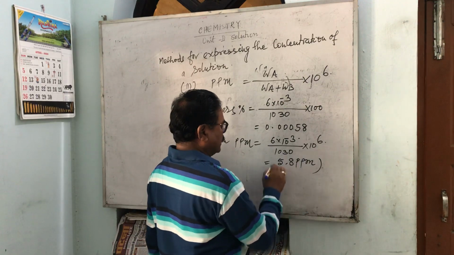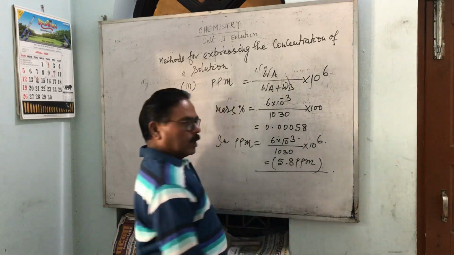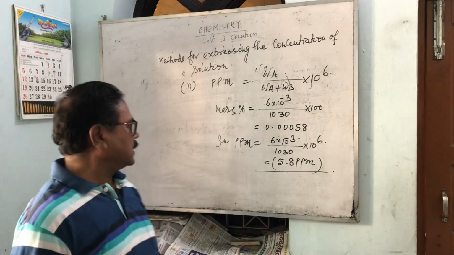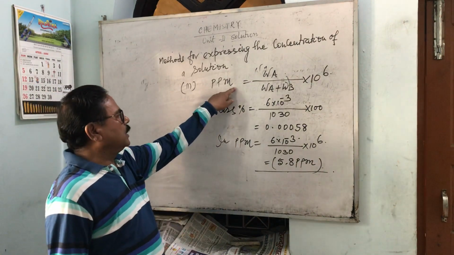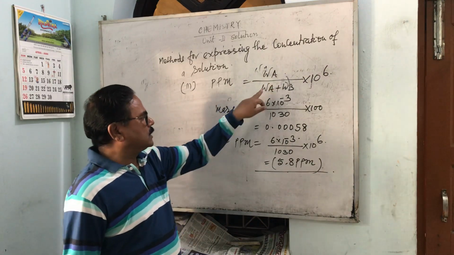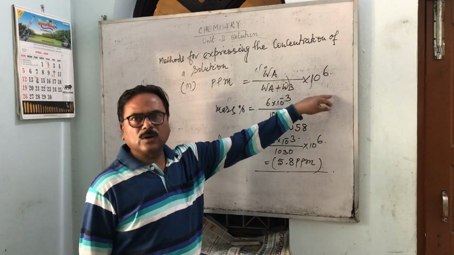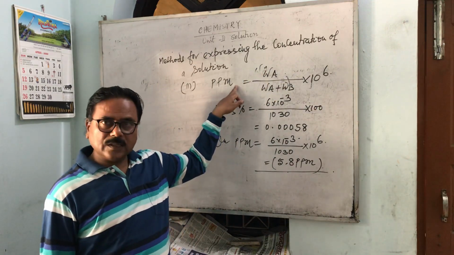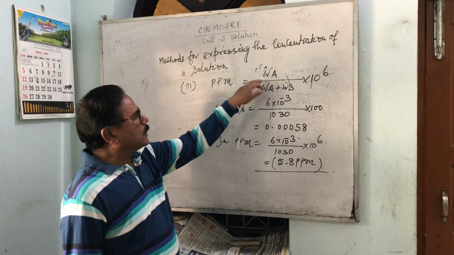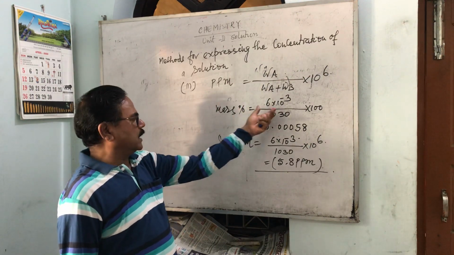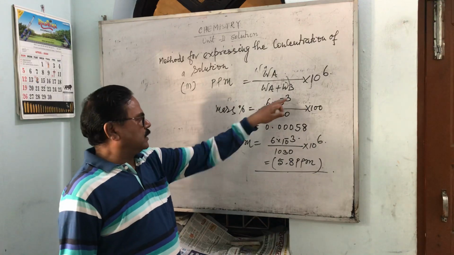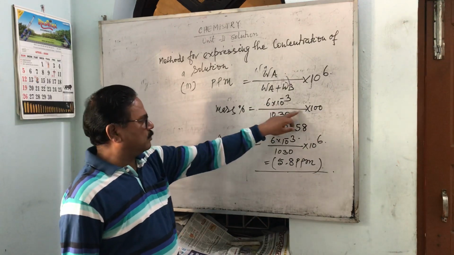So it is given in your book what the utility is of expressing the concentration in parts per million. Parts per million is defined as the mass of a component present per million parts of solution. Mathematically, it can be expressed as WA, that is the mass of a component. Here we take the mass of the dissolved oxygen, and the total mass of the seawater.